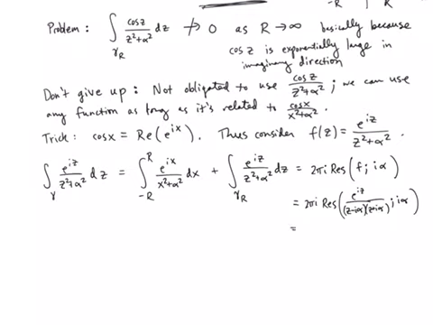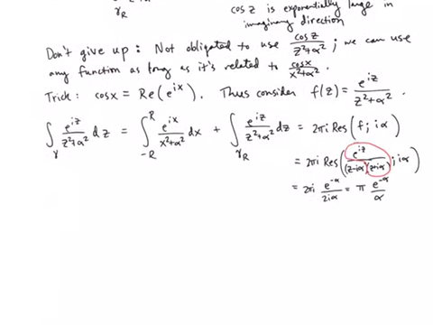And so, just as by the method we've done before, you're just going to plug i alpha into this. So we get e to the minus alpha over 2i alpha. And so we get pi times e to the minus alpha over alpha.